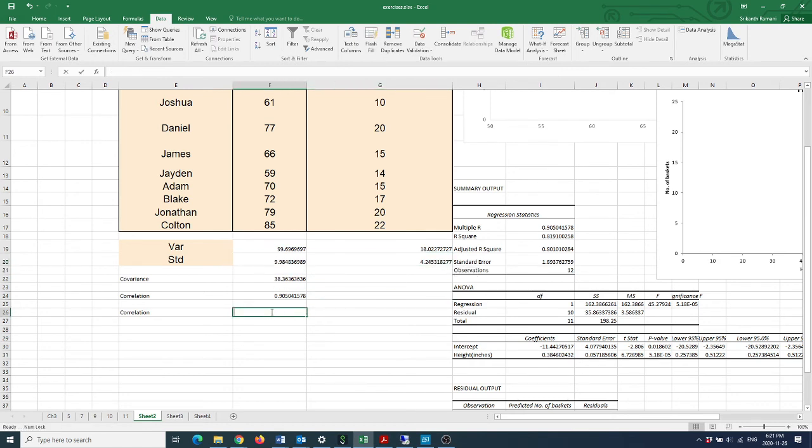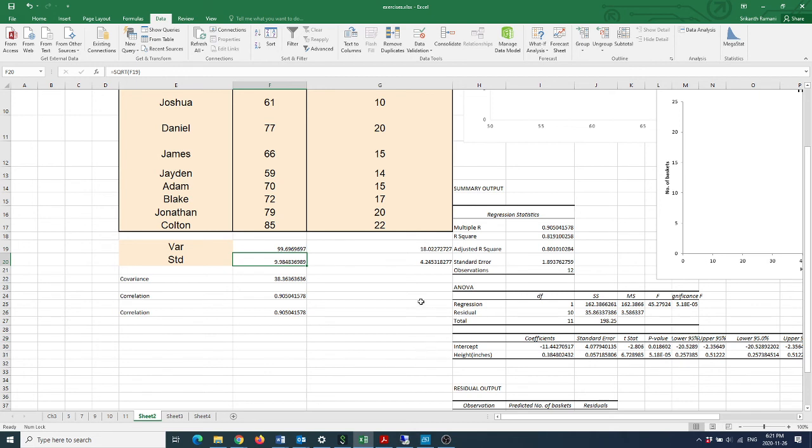The correlation is also the covariance divided by standard deviation 1 times standard deviation 2. You see they are the same values, and this is how you obtain the correlation coefficient from the covariance, by dividing it by their respective standard deviations.